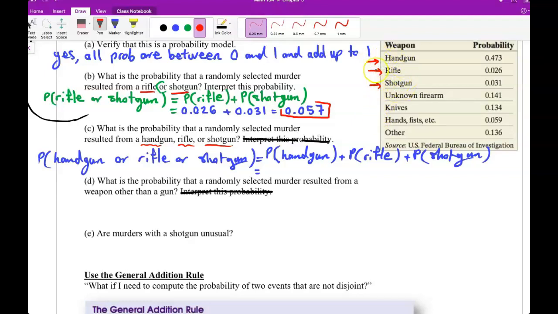So we have these 3. For rifle it is 0.026. And here is 0.031. So the answer is 0.403.